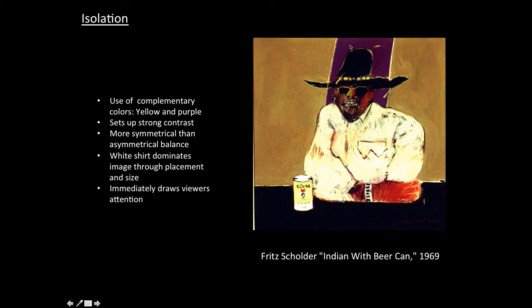I'm not sure if I would call this symmetrical. It may be. You don't necessarily have to have the two sides identical to be symmetrical, but just the way he has the Indian placed almost in the center, so maybe approximate symmetry, you might want to call that.